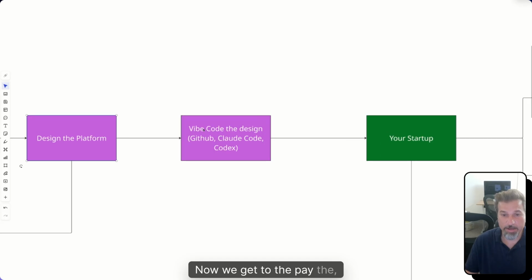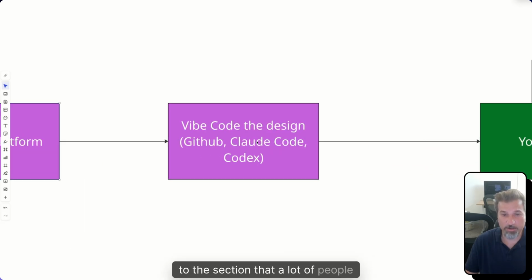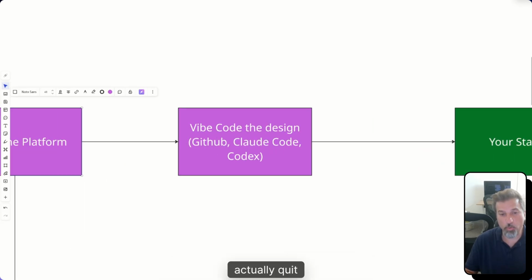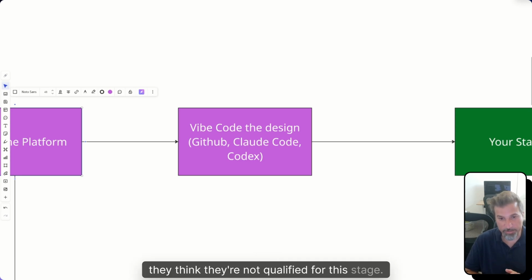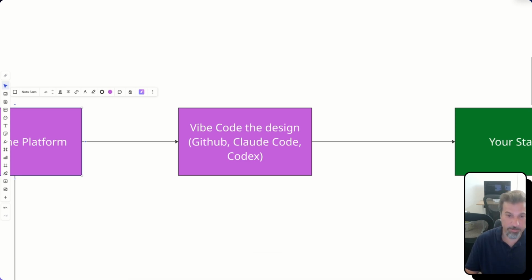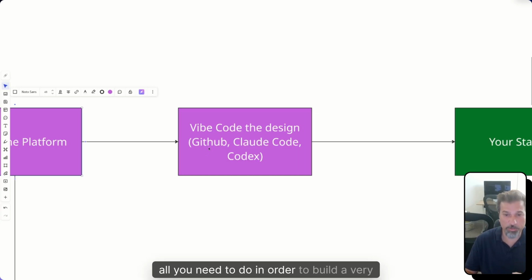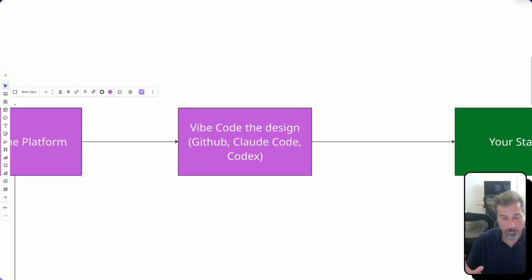Now we get to the section where a lot of people actually quit because they think they're not qualified for this stage. Let me tell you one thing, my friends. We're living in an age where all you need to build a very complicated, profitable startup is basically three tools: GitHub, Claude Code, or Codex.